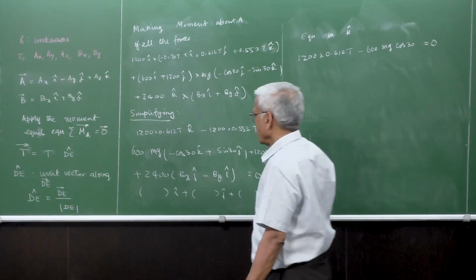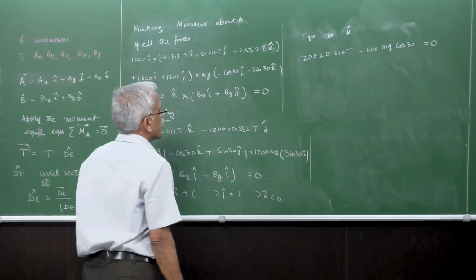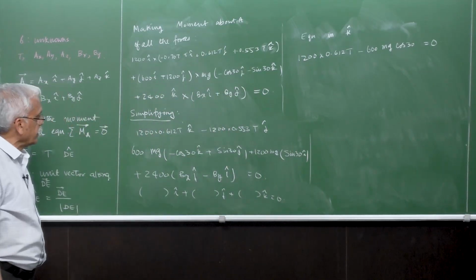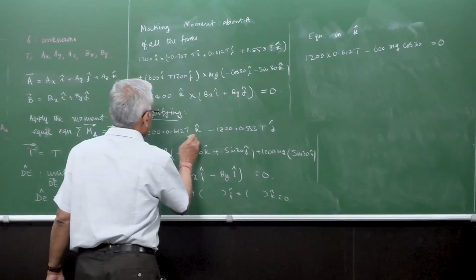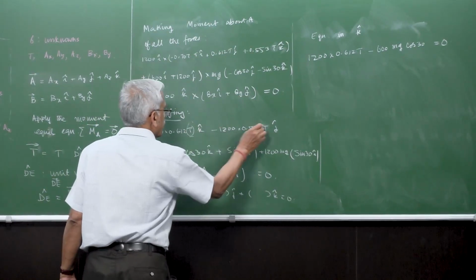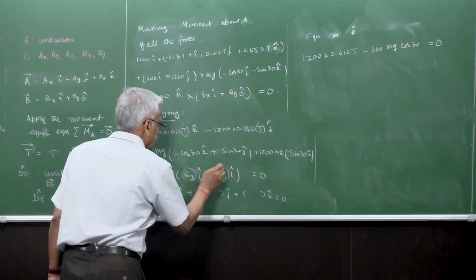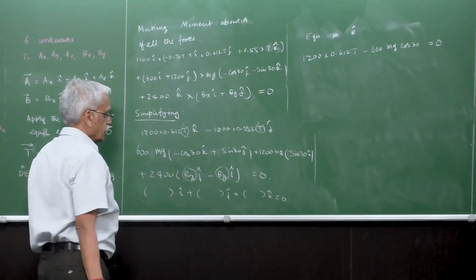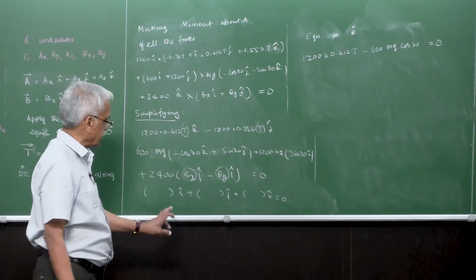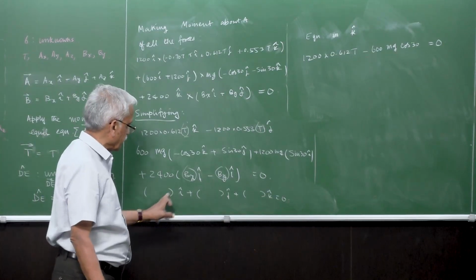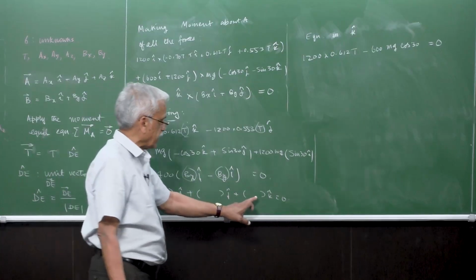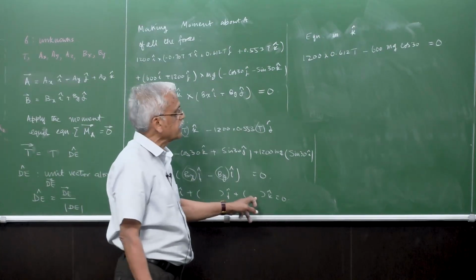So this is the interesting part which you have to always keep in mind. If you are interested only in finding out T, you should see that the other unknowns are appearing as i and j, so avoid those equations, i and j, which appear here and here. T also might be appearing there, but T appears only in the k component.